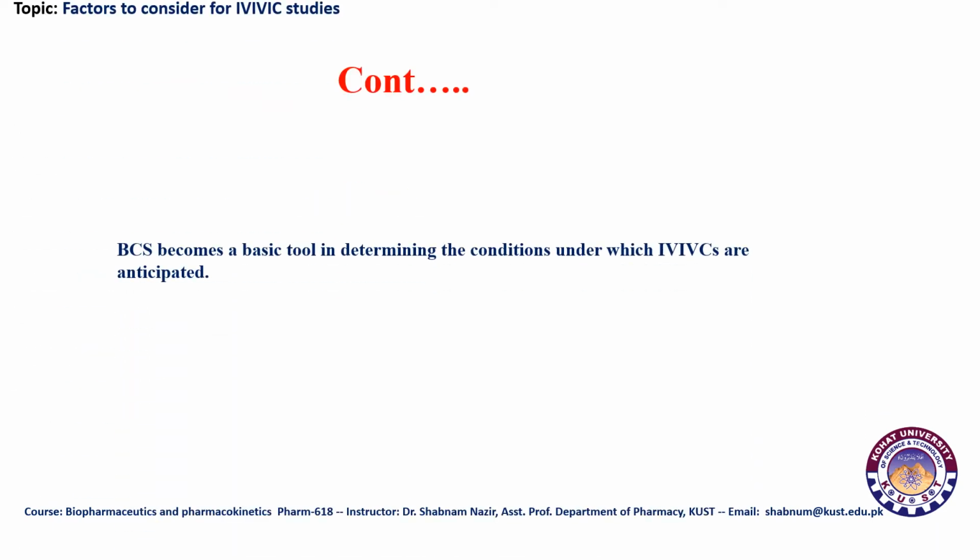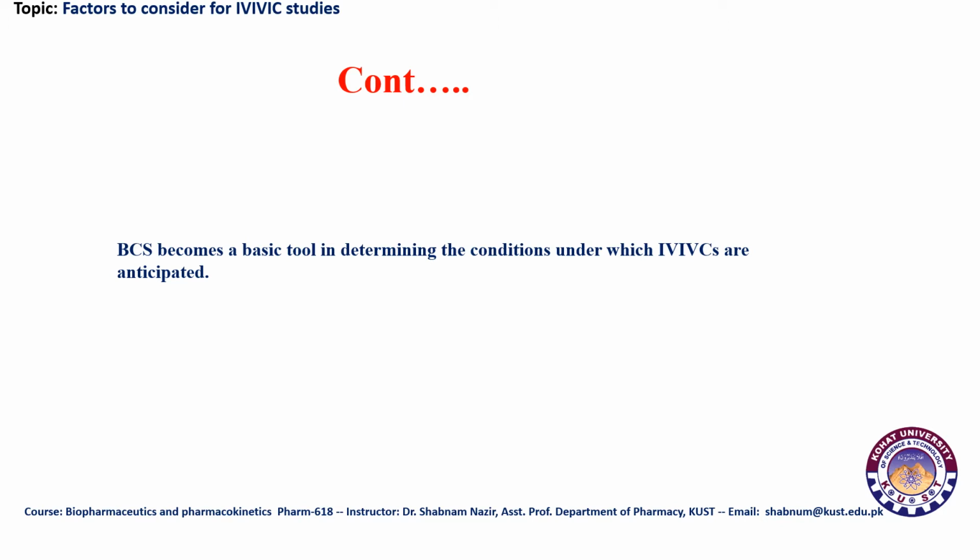BCS becomes a basic tool in determining the conditions under which IVIVC are anticipated. As we just discussed, on the basis of knowing the nature of the drug, whether it falls under class 1, class 2, class 3 or class 4, you can easily anticipate its behavior, like in terms of dissolution or bioavailability.